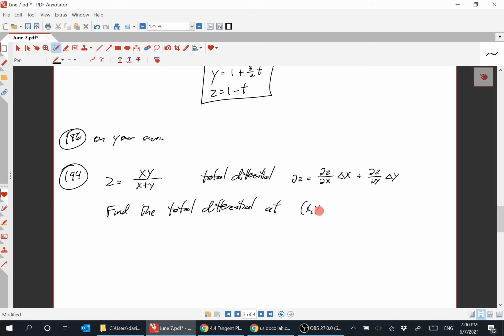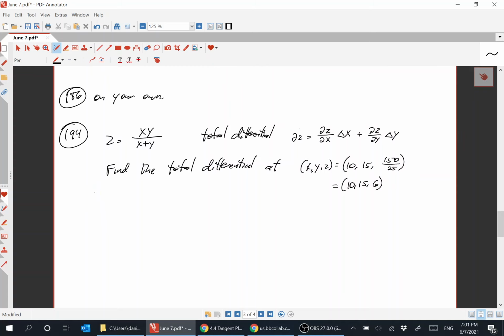At x, y, z: x is 10, y is 15, and z is what you get when you plug 10 and 15 into here, so that's 150 over 25. So that is (10, 15, 6). All right, so find that total differential at (10, 15, 6).